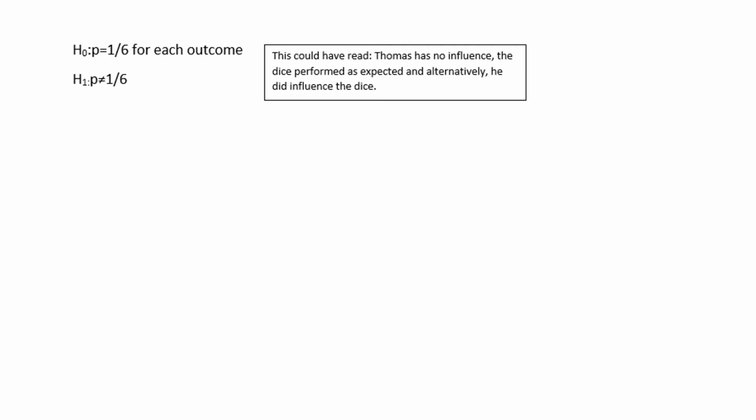So you can put it into words. You don't have to do it as a binomial probability thing there, but you can, if you want, instead put it into words. So H0 such that there's no association between what Thomas predicts and what happens. H1 such that there is some association.